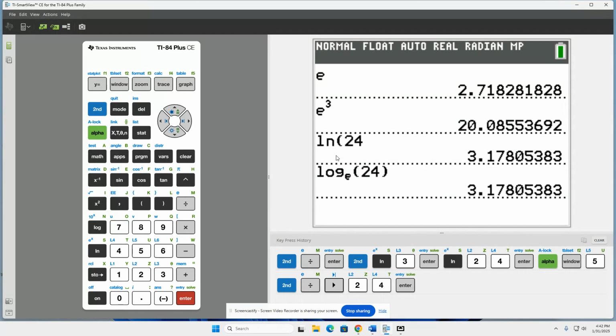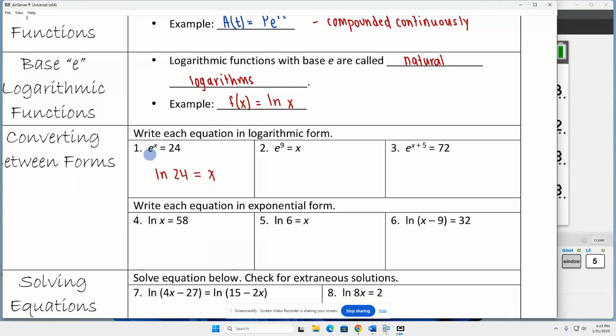These are the same thing. ln is simply understood to be base E. It's still logarithm in the same manner that log base E of 24 is 3.178. The natural log of 24 is 3.1782 because ln indicates base E. I hope that makes sense. It sounds confusing when I'm trying to say it, but it actually is just very simple.